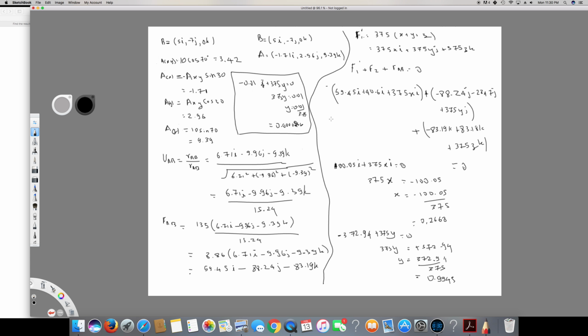So let's put it in the calculator. If I find cos inverse x, let's see what I get. Cos inverse 0.2668. Let me see. So these are my three values.